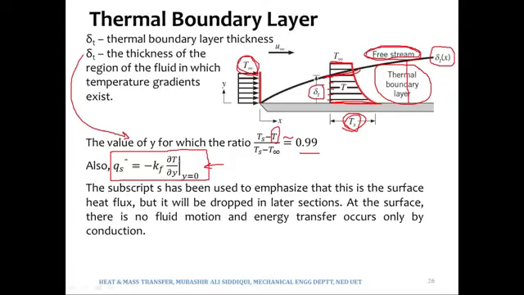Now how it is written? What does this mean? Over here Kf refers to the thermal conductivity of the fluid, because fluid is getting heated up, fluid is getting energy from the plate. So it is minus Kf, where Kf represents the thermal conductivity of the fluid.